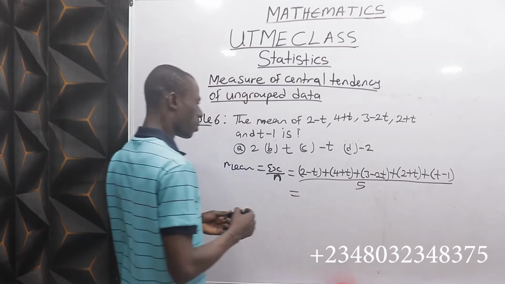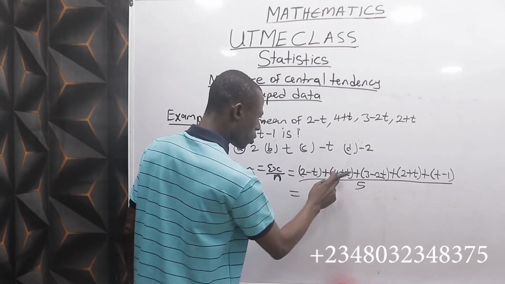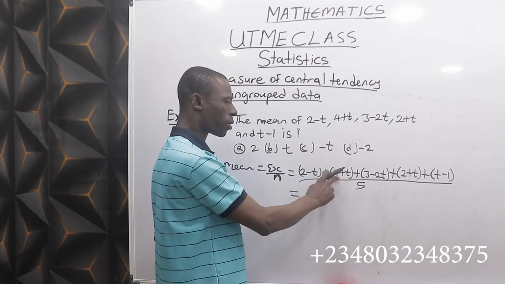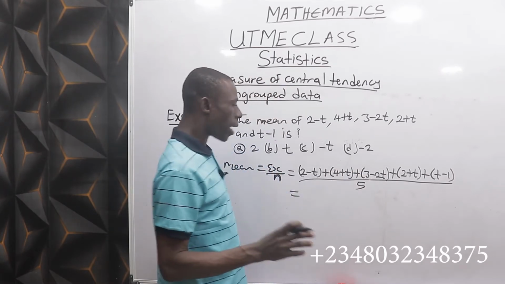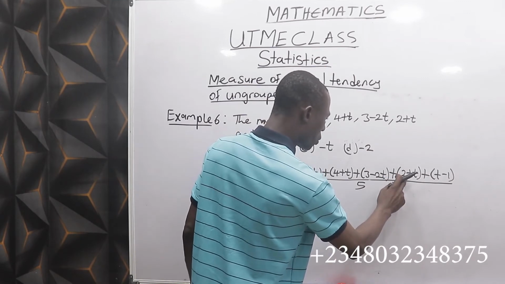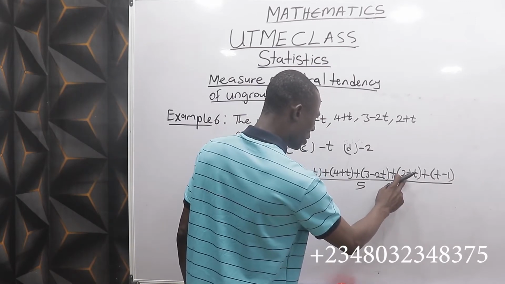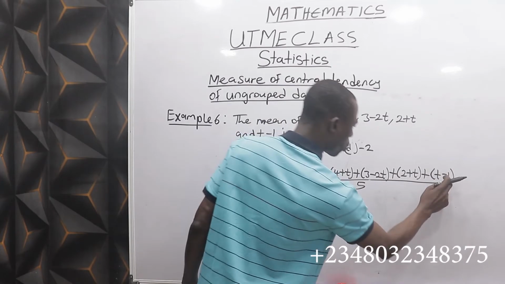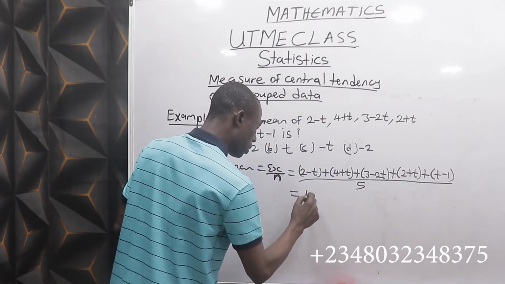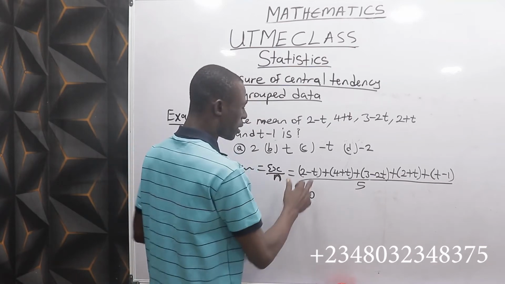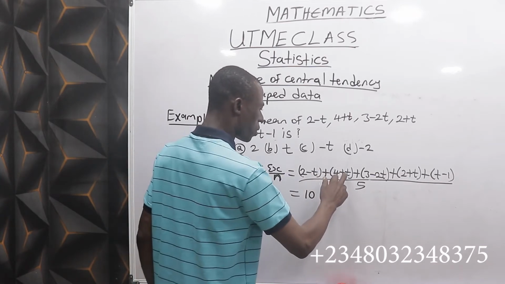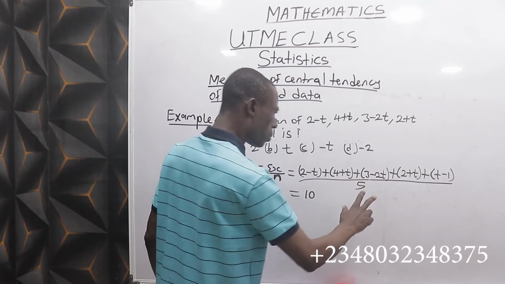And that is 2 plus 4, that is 6, plus 3, that is 9, plus 2, that is 11, minus 1, that is 10 for the numerator. Now, negative t plus t, that is 0.